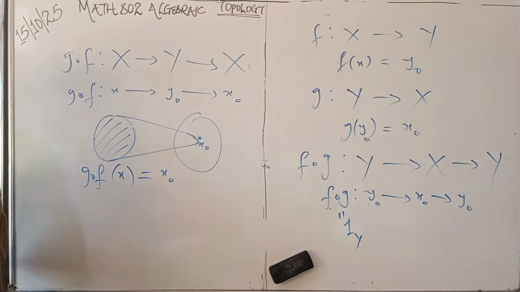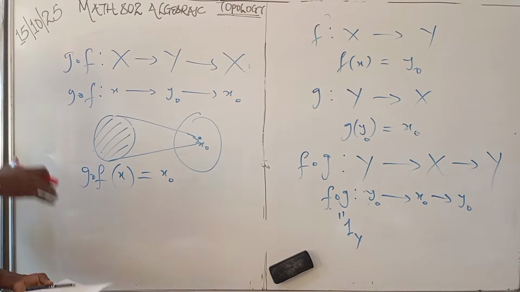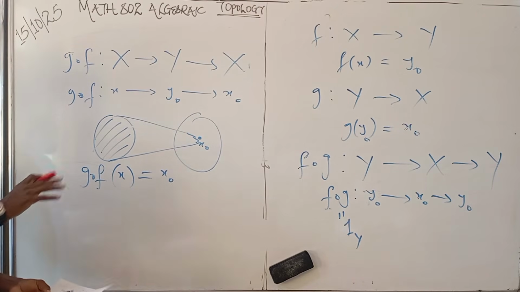But is this one homotopic to the identity? That's the question. Do we have a homotopy from the identity down to this mapping? Yeah.